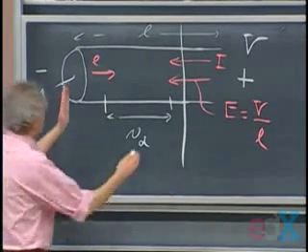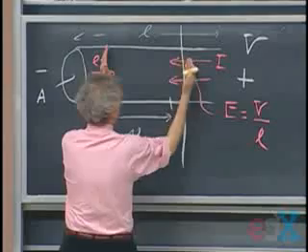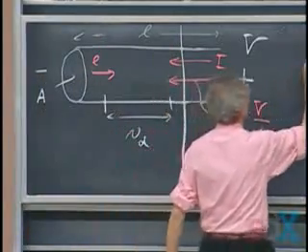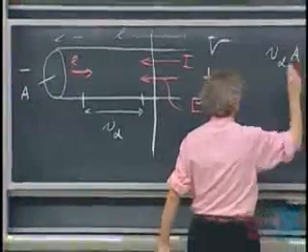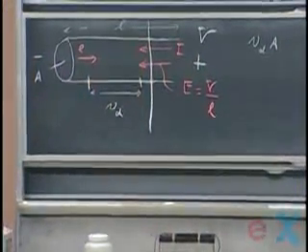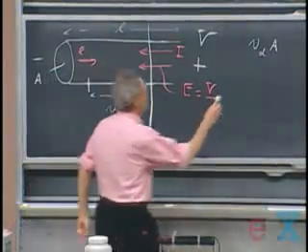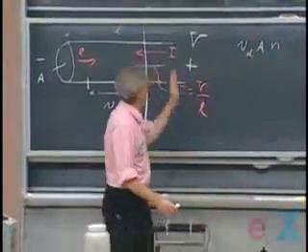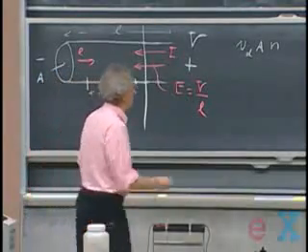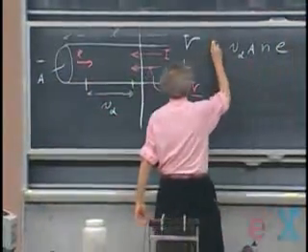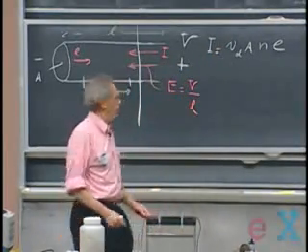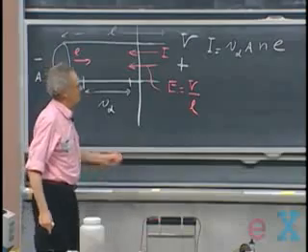In 1 second, the volume that passes through here is Vd times A. But the number of free electrons per cubic meter is called N. So this is now the number of free electrons that passes per second through any cross-section. And each electron has a charge E. And so this is the current that will flow. The current, of course, is in this direction, but that's a detail.